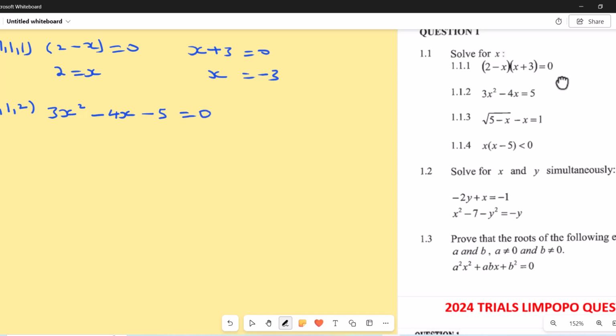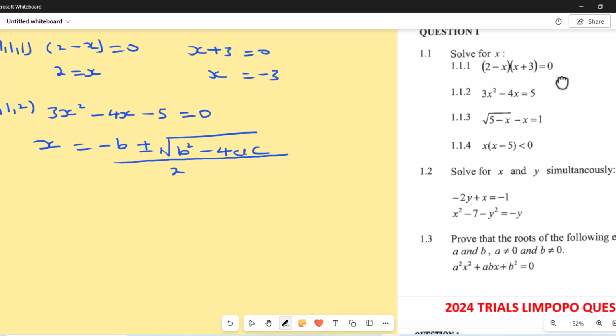Now my a is 3, my b is negative 4, my c is negative 5. So I'm going to use x equals minus b plus or minus the square root of b squared minus 4ac, divided by 2a.